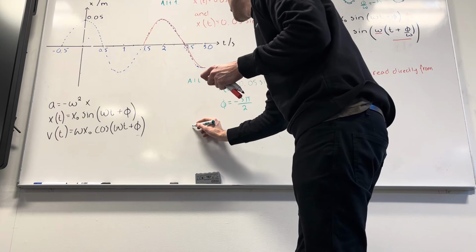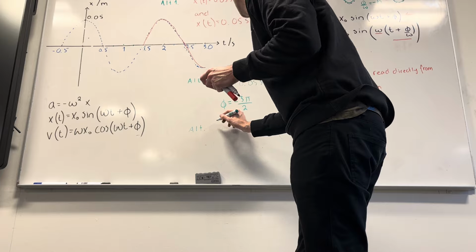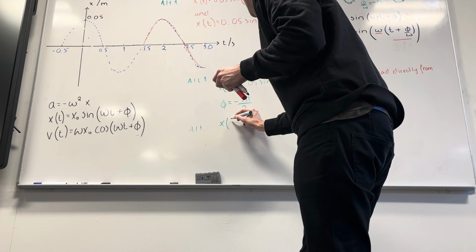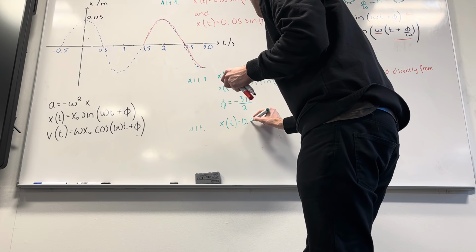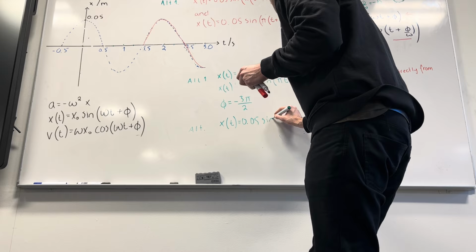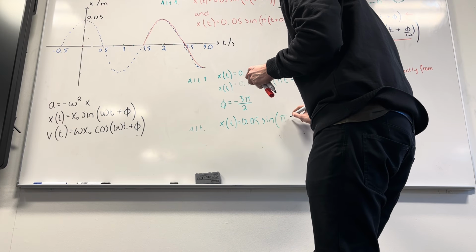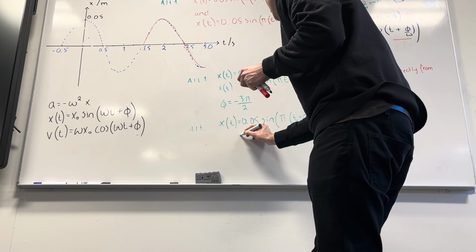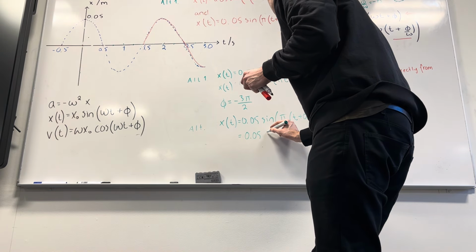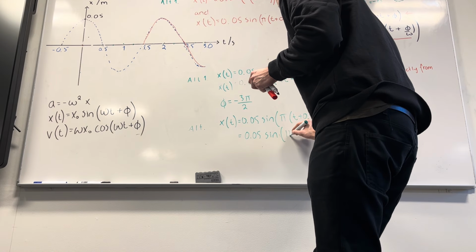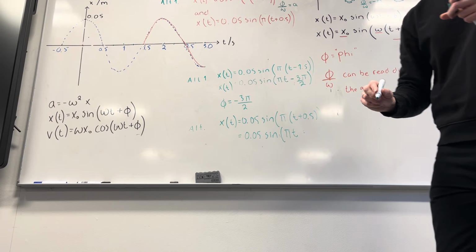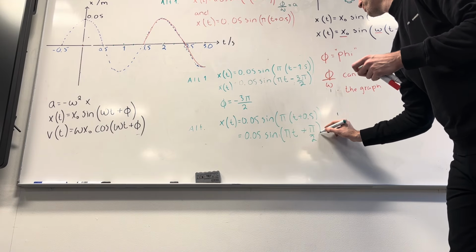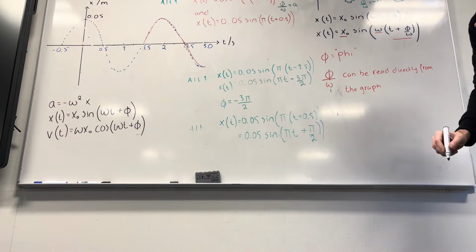And alternative 2 is basically just look at the first one, the second one, 0.05 sine 2 pi times t, and then 0.5 times pi is just plus there.